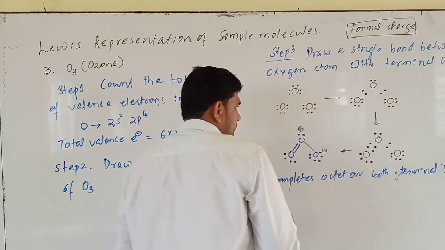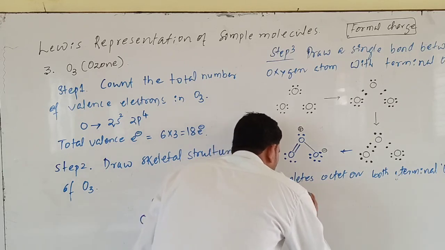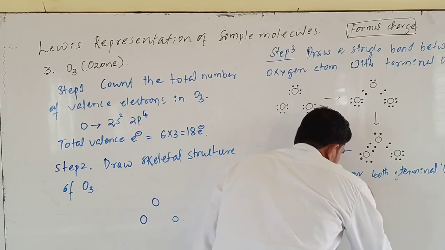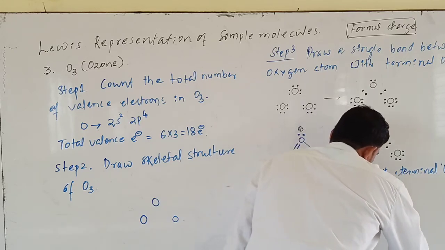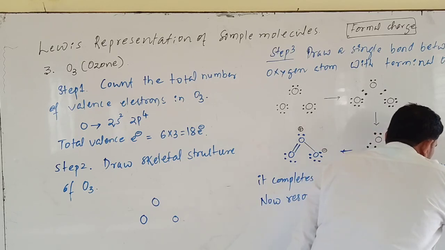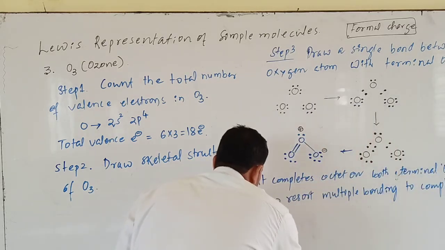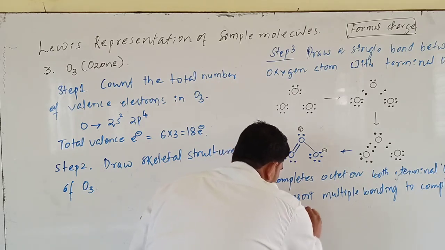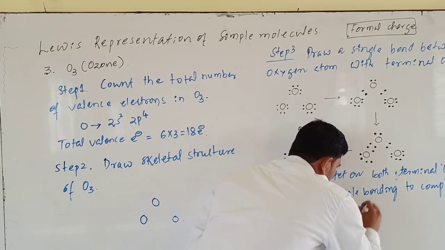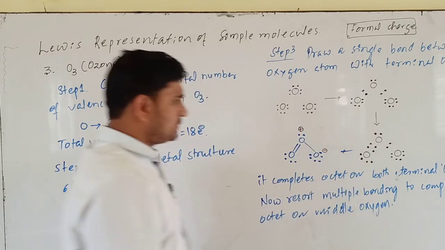Okay, now resort to multiple bonding to complete octet on the middle oxygen. Understood?